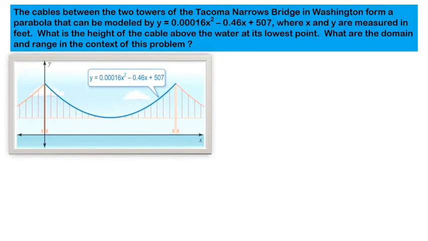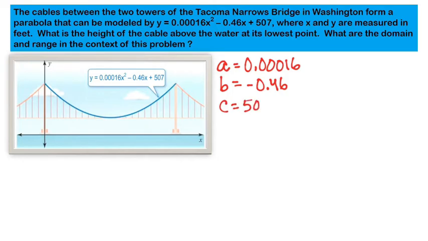Our A value is 0.00016. Our B value is negative 0.46, and our C value is 507.